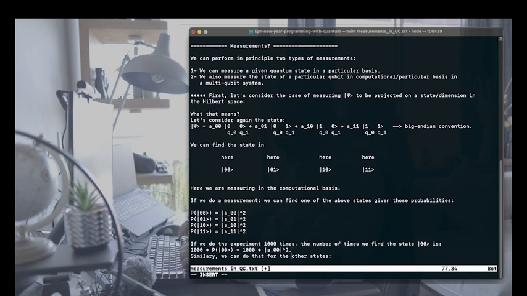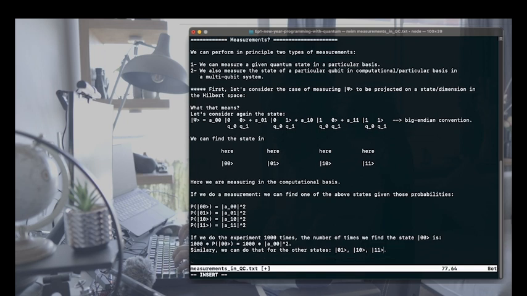And similarly, you can find the number of measurements where we find state psi projected in 01, 10, 11 using a similar approach.